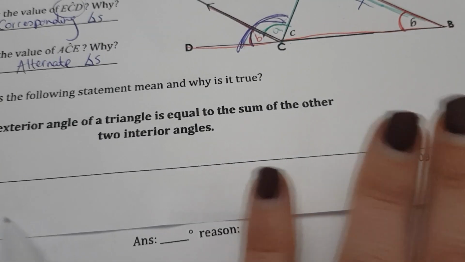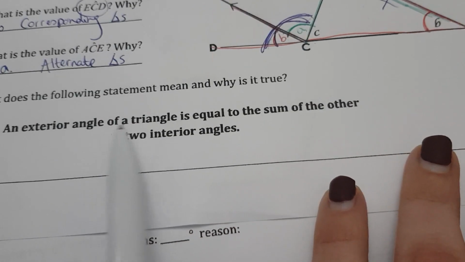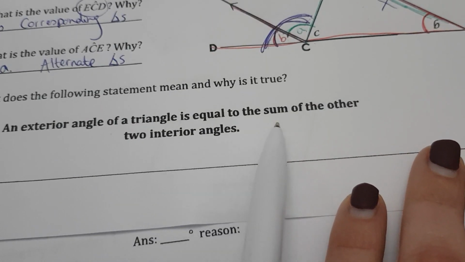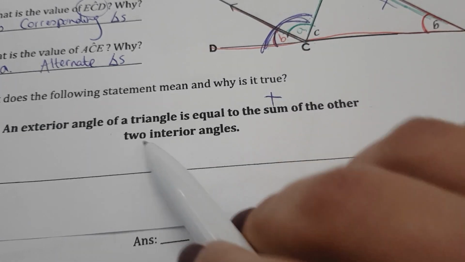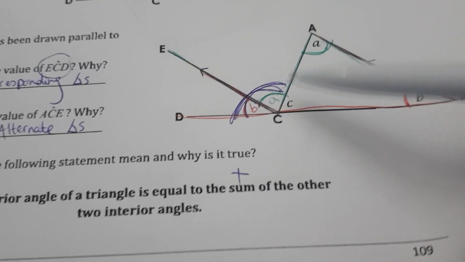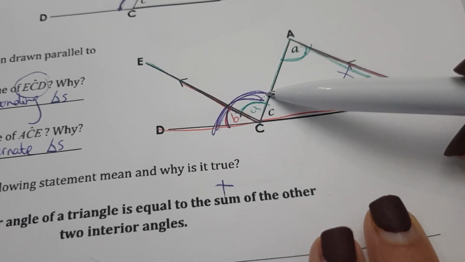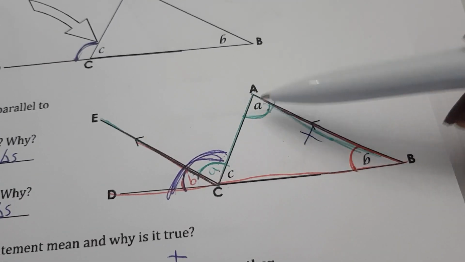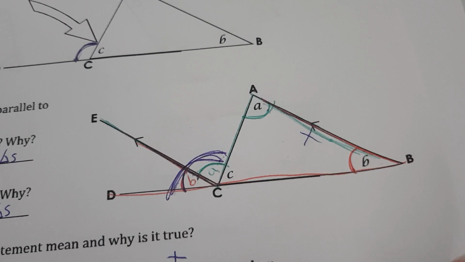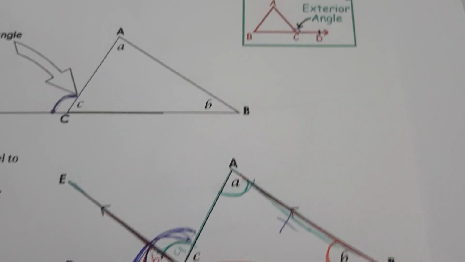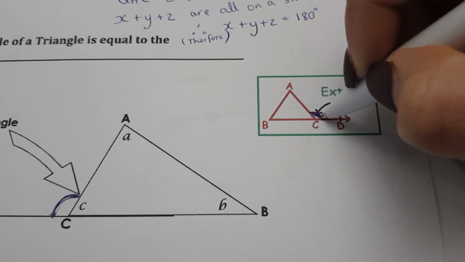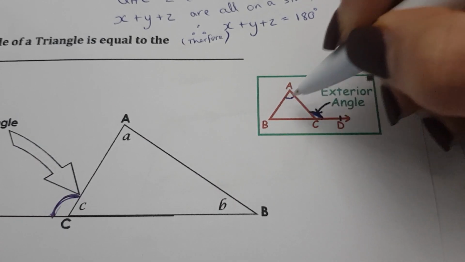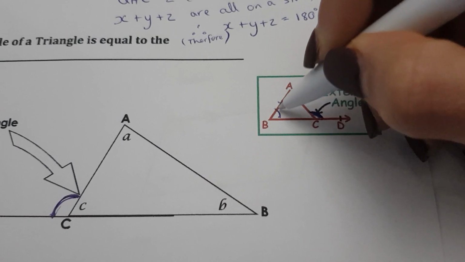So, an exterior angle of a triangle is equal to the sum, meaning plus, of the other two interior angles. So if I have this exterior angle over here, it is equal to the sum of this and this. So when we add them up together, this exterior angle is equal to the sum of this angle plus this angle.